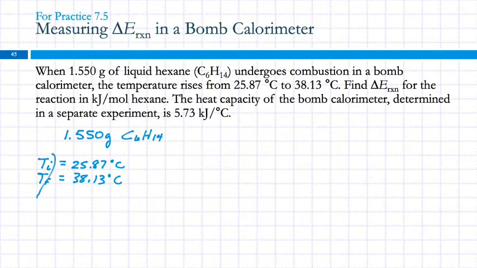Let's just calculate it right now. So the change in temperature is the final 38.13 minus the initial 25.87, 12.26 degrees Celsius. And then we're told that the heat capacity of the calorimeter, so that's C for the calorimeter, is 5.73 kilojoules per degree Celsius.